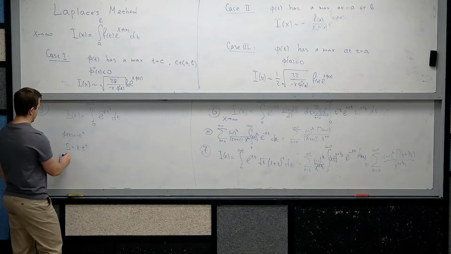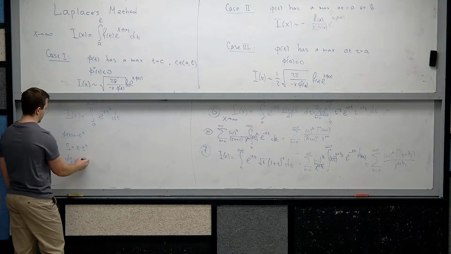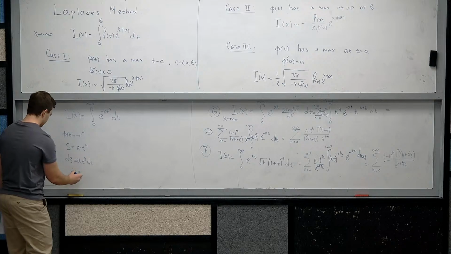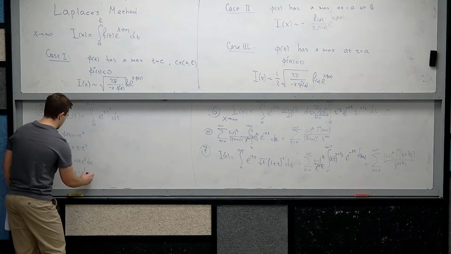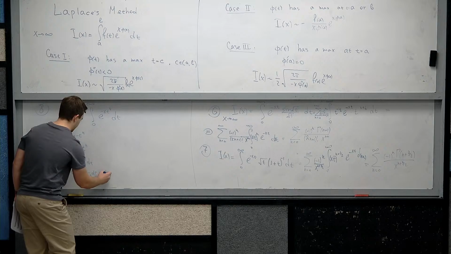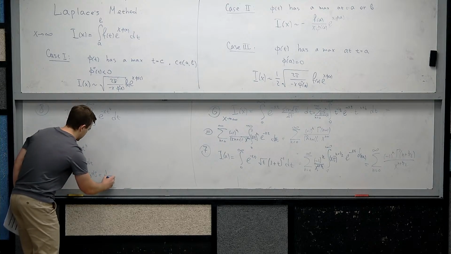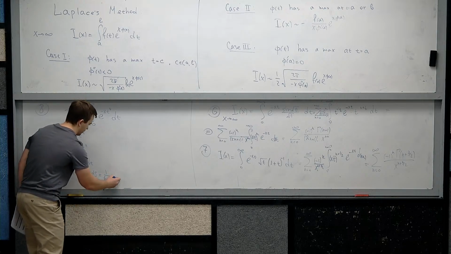Then ds is 4x times t cubed dt, and then dt is 1 over 4x times t cubed ds, and then t cubed is s over x to the power 3 over 4.